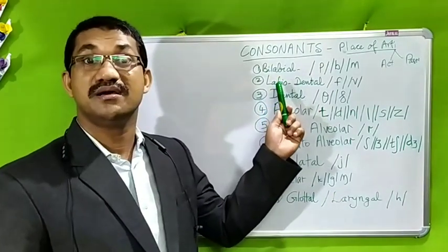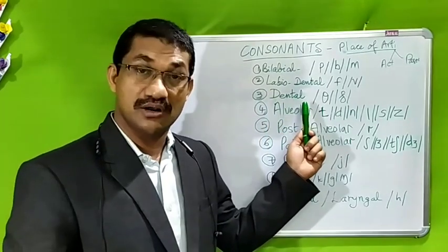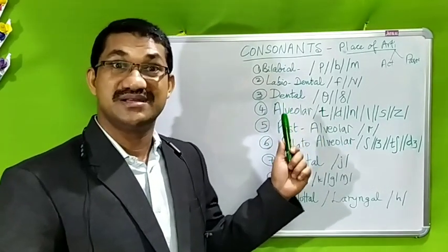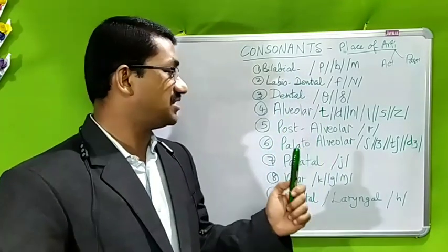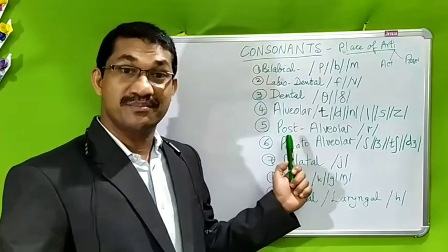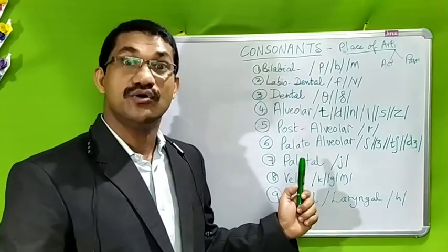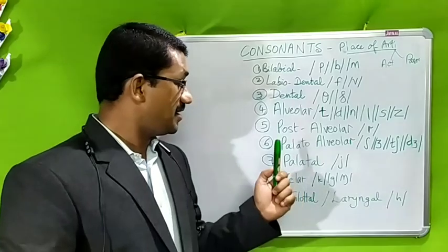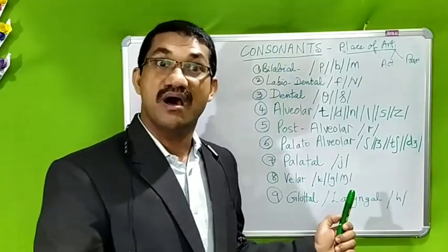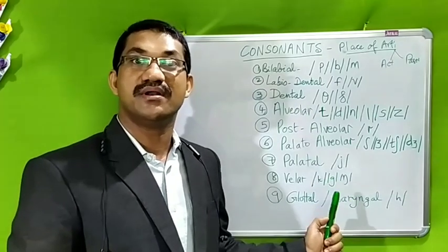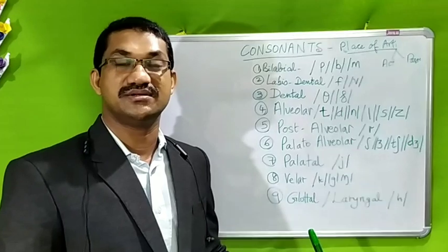Number 1, bilabial consonants. Number 2, labiodental consonants. Number 3, dental consonants. Number 4, alveolar consonants. Number 5, post-alveolar consonants. Number 6, palato-alveolar consonants. Number 7, palatal consonants. Number 8, velar consonants. And number 9, the last, the glottal consonants.